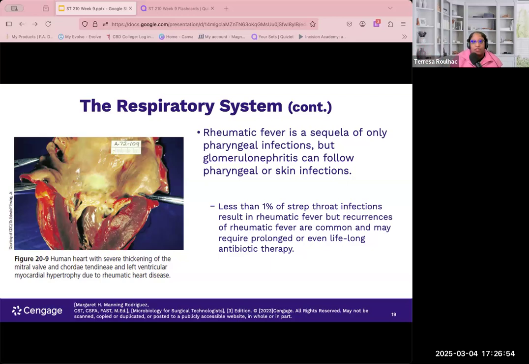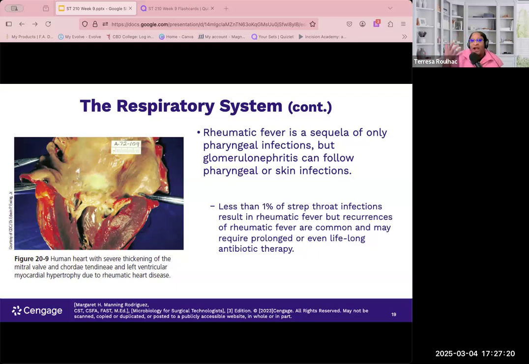Now, although less than 1% of strep throat infections lead to rheumatic fever, thank goodness, reoccurrence is common. So there is prolonged or lifelong antibiotic therapy that may be needed to prevent further episodes because, again, now they went from ENT to now they're on the heart service. Okay. So just different things to kind of think about.